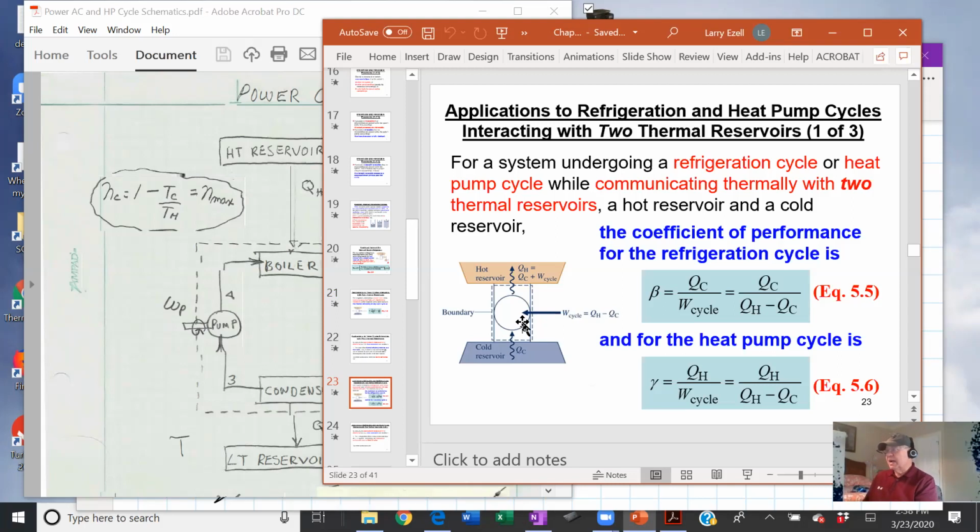Actually, if we use our definition of work and heat, it'd still come out right. We would write the work of the cycle is equal to QC, which is the plus heat coming in. There's plus in our definition. QH is the heat going out, so it'd be QC minus QH.